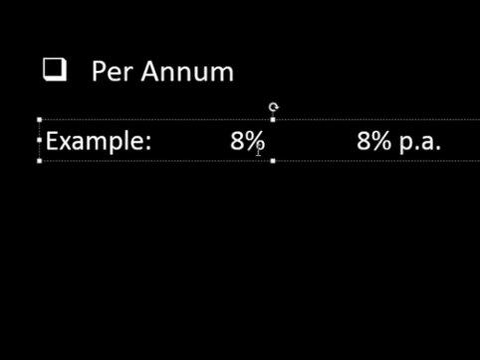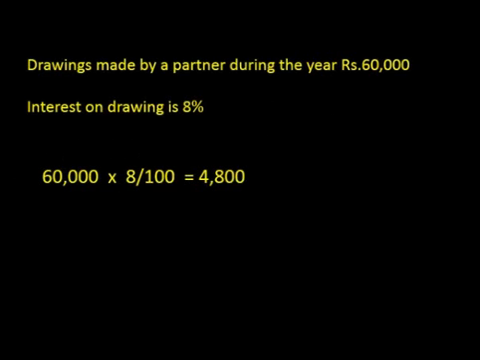But if the per annum word is not given like this, it means there is no need to see the time period, directly calculate 8%, then there is no need to see months. But when the per annum word is given, then the time period is also required. So I would like to show you some examples with the effect of the per annum words.